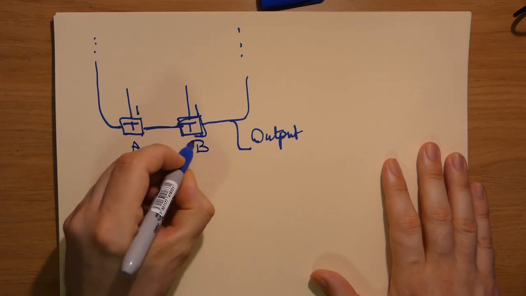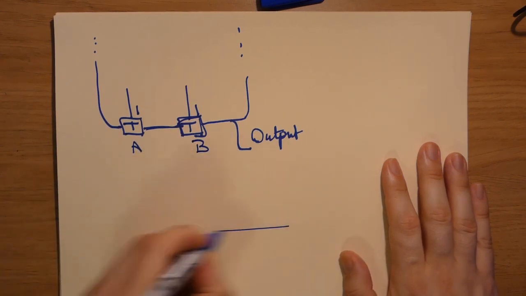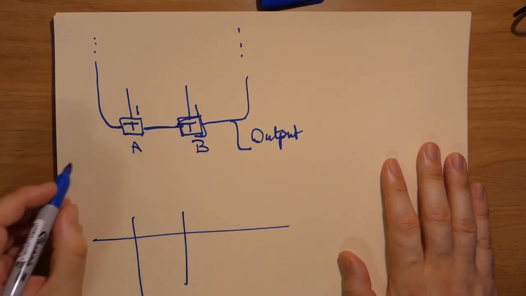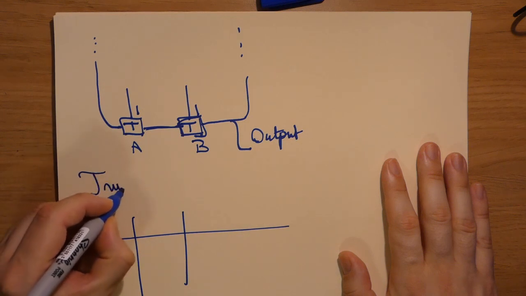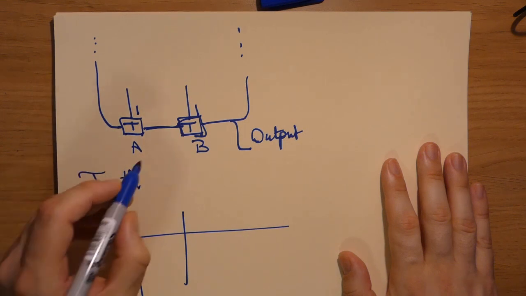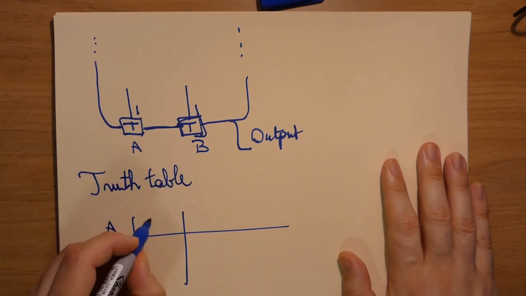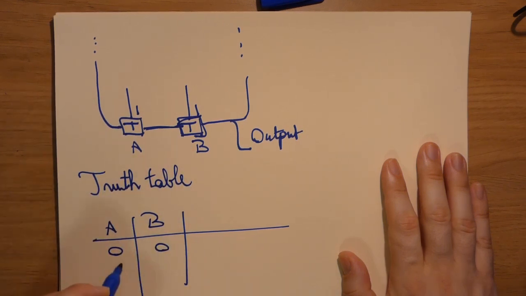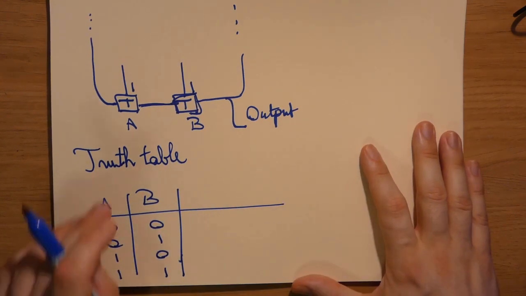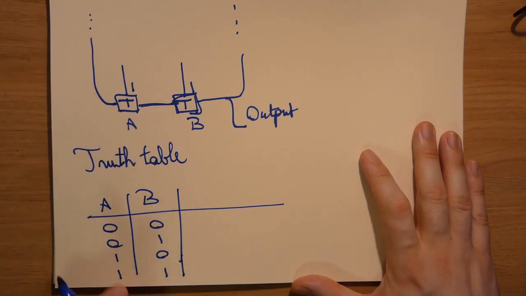So if I call this A and B, I can create a truth table, A and B. I can consider all the combinations. When both are electrified, my output will be electrified.